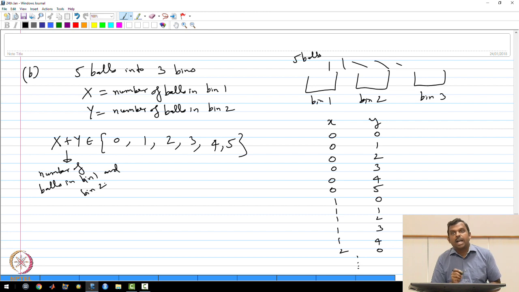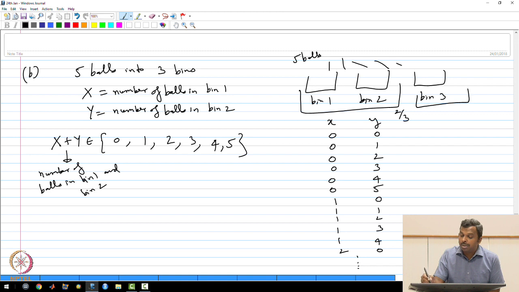Okay, so what you can do is you can kind of fuse these two bins together and think of it as one super bin. The probability that a ball lands here is 2 by 3, the probability that the ball lands here is 1 by 3, right? So every ball, if it lands in either bin 1 or bin 2, I have some sort of a success when I want to count x plus y.